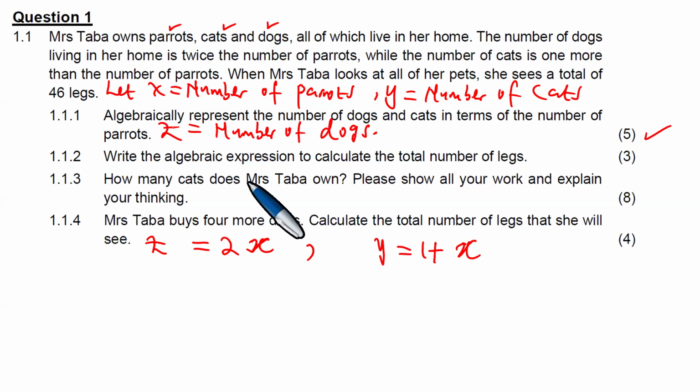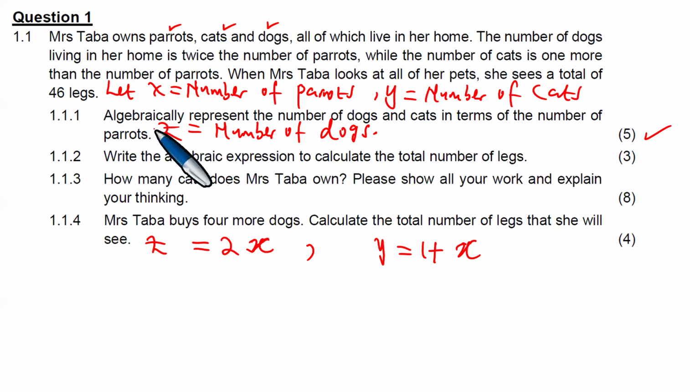Next, when Mrs. Topper looks at all her pets, she sees a total of 46 legs. We shall get to the legs. But first, algebraically represent the number of dogs and cats in terms of the number of parrots. At this point, we want to algebraically represent the number of dogs and cats.